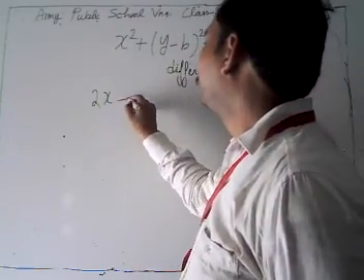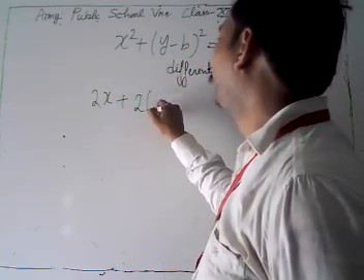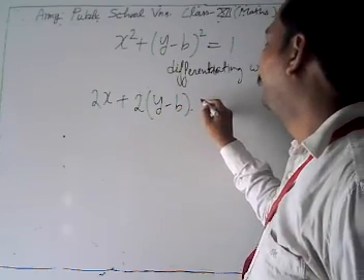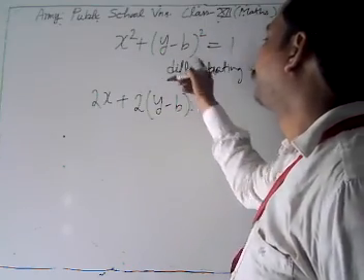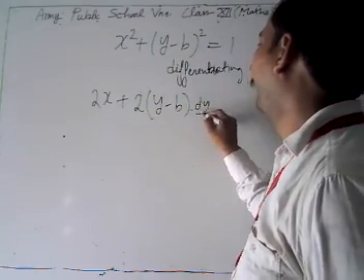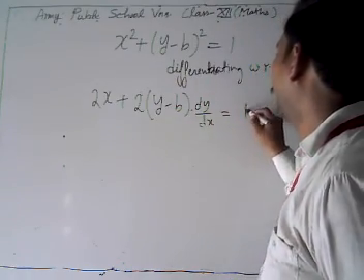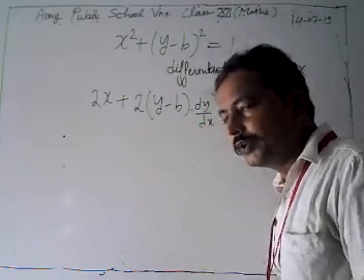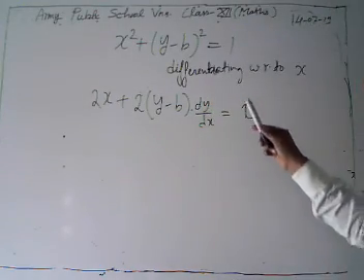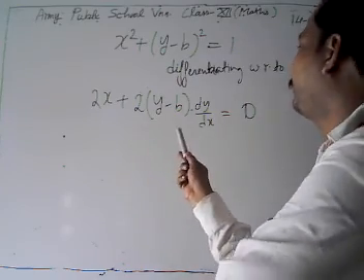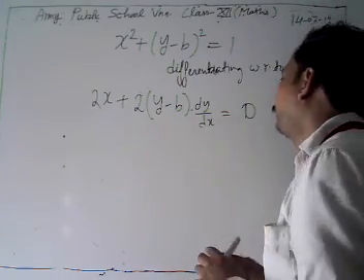Now the differentiation of (y minus b) square is 2(y minus b) using the chain rule, and then we again have the derivative of y minus b, which gives dy/dx, and the right side is, sorry, 1, and the derivative of a constant is 0. We have differentiated one time because there is only one parameter b. So 2x plus 2(y minus b) dy/dx equals 0.